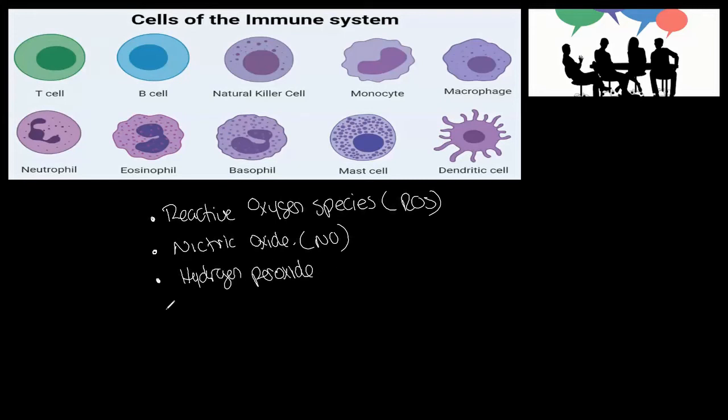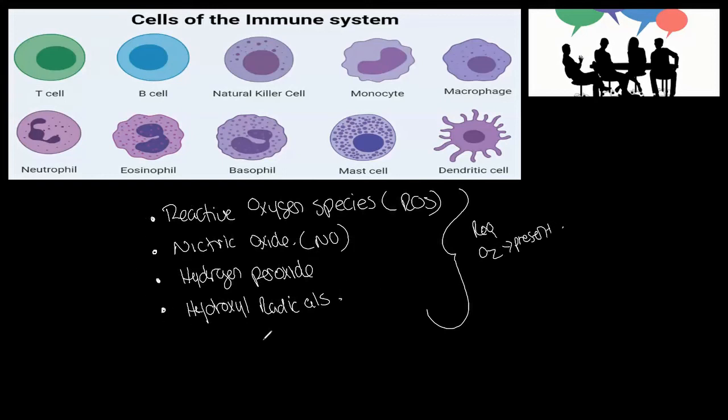Yep, our cells do make hydrogen peroxide. And it uses hydroxyl radicals. So all of these specifically require oxygen to be present in order for the cell to create these to kill the bacteria or the invading substance.